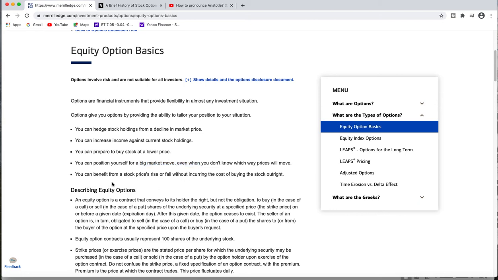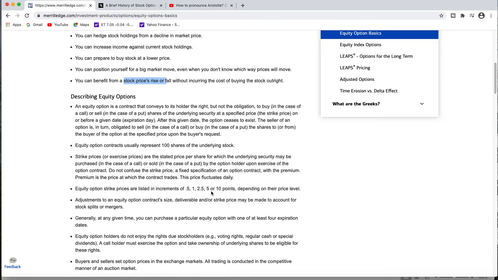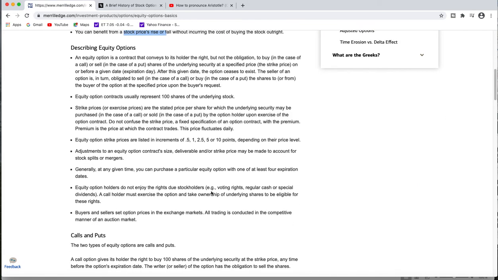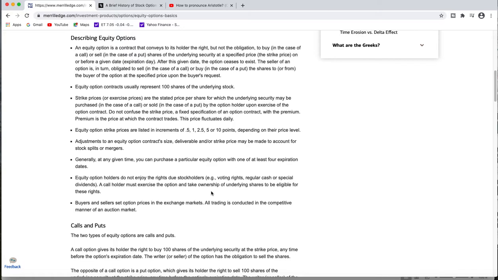You can benefit from a stock price's rise or fall without incurring the cost of buying the stock outright. Options can be very tricky, and I'm just going to keep it down to covered calls and selling put options for premium, and we'll get down to them.